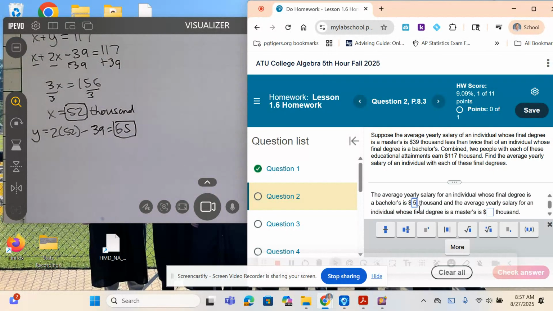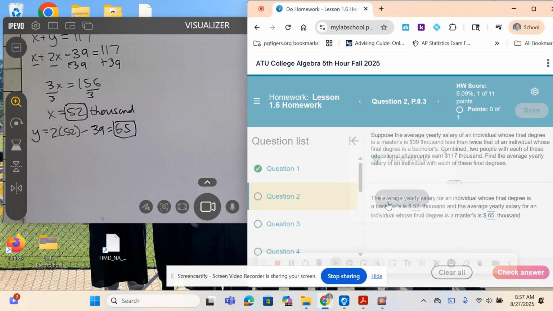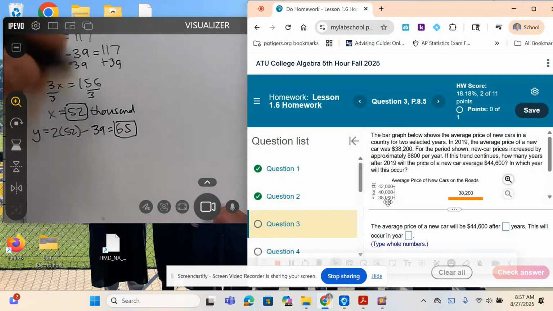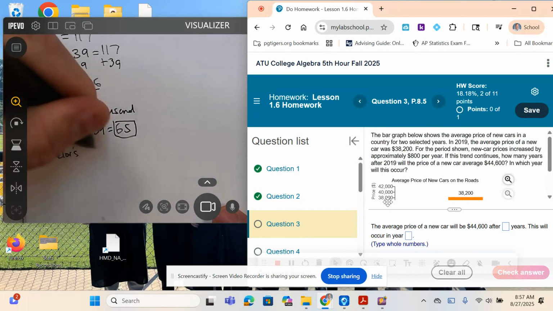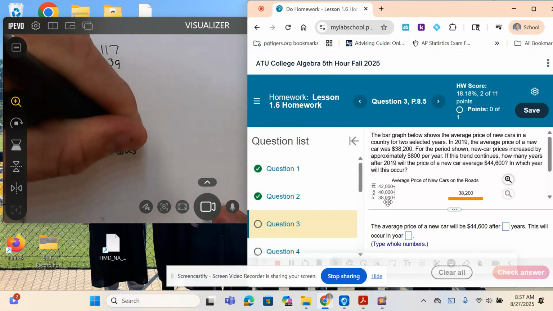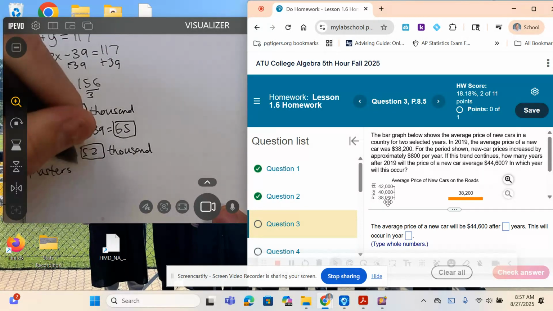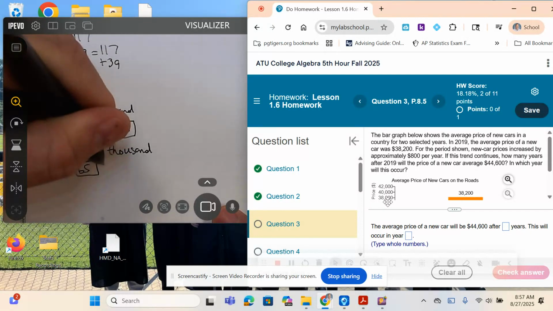I'm overdoing it because I do scan these notes for people that aren't here, people that are trying to follow along. But I'm going to write down the bachelor's will be 52,000. Master's is 65,000.